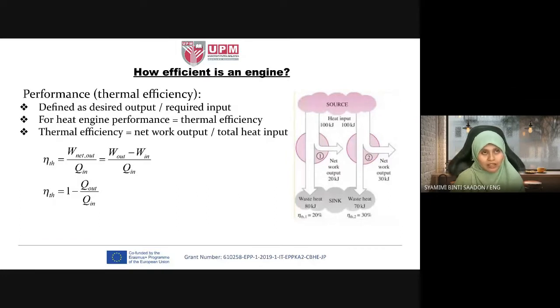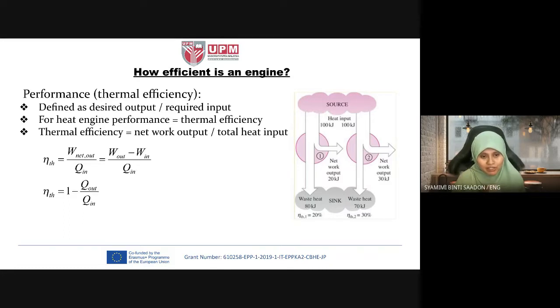Next semester you will see another term of efficiency, which is propulsive efficiency. That is for aircraft engines. But for a normal power plant, we use the term thermal efficiency.